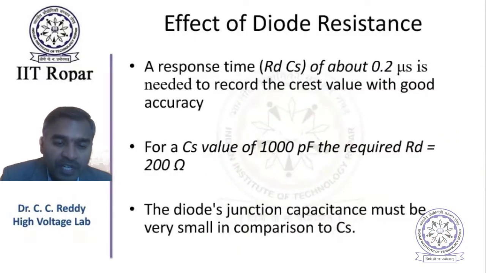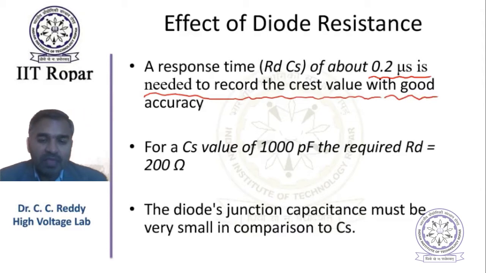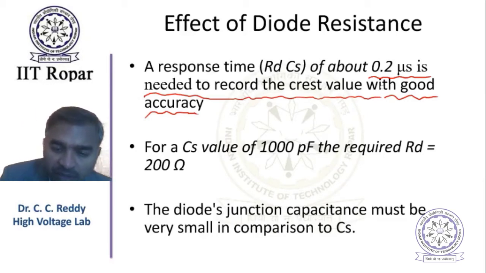What is the effect of diode resistance? A response time of about 0.2 microseconds is needed to record the crest value with good accuracy. So roughly 0.2 microseconds means roughly around 5 times this is the settling time, right? So around 1 microsecond you can think of as the settling time.